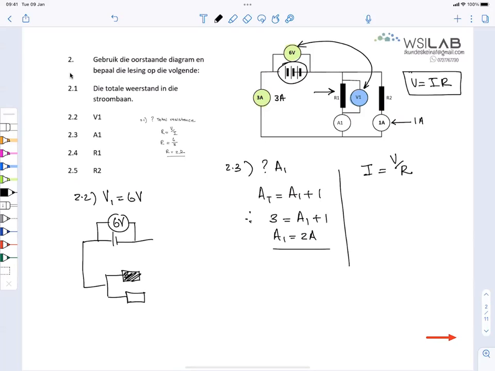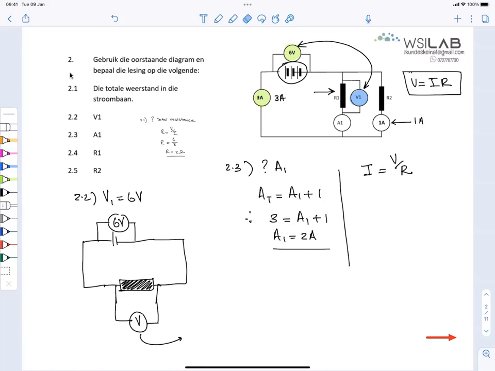If I put a voltmeter over one of them, I can reduce those 2 resistors into 1 resistor. The voltmeter will stay intact. That voltmeter reads the potential difference that's lost over that resistor. And I only have 6 volts to lose. That's the total potential difference. So all the 6 volts will be lost there.